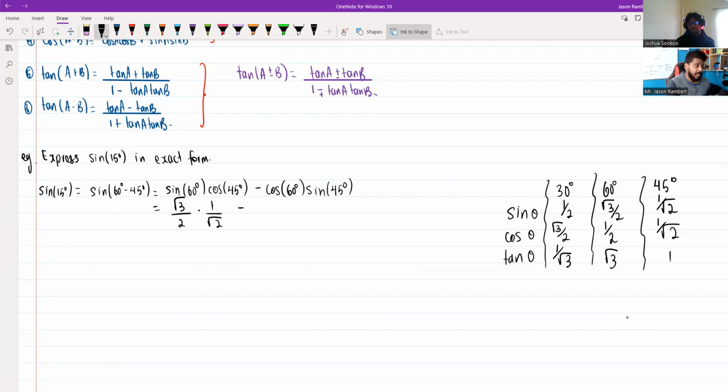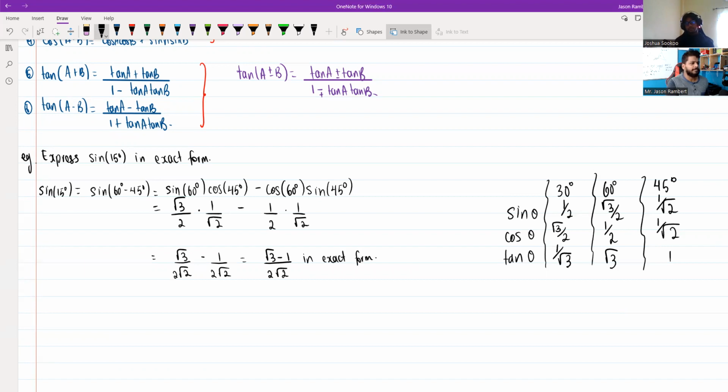Cosine of 60 is a half, and sine of 45 is 1 on root 2. We have two multiplication processes here. This is going to be root 3 over 2 root 2 minus 1 over 2 root 2. The denominators are the same, so I can take away the numerators and express it as 1 fraction. And this is in exact form.